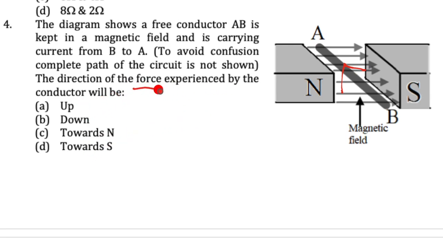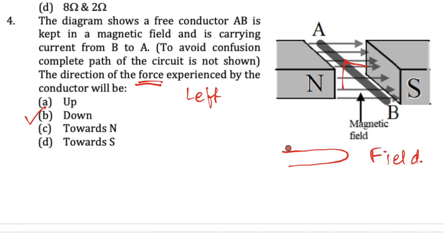Now if it's direction of the force, then you have to use the Fleming's left hand rule. Okay, so take out your left hand and first show the field. So you will have the field that is 4 finger like this.